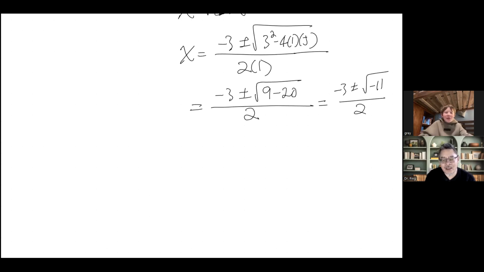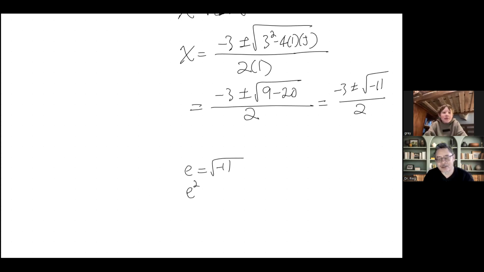Well, the square root of negative 11 is not a real number. The reason we know that is if we call this number, let's say, e equal to the square root of negative 11, when you square it, that's a negative number. So we know that all real numbers are either positive or negative. For example, positive 2 squared is positive, greater than 0. Negative 3 squared is also greater than 0.